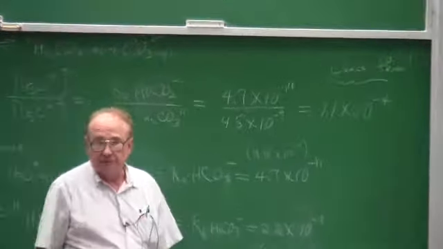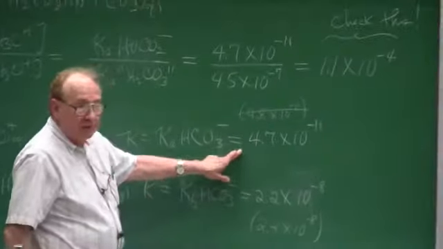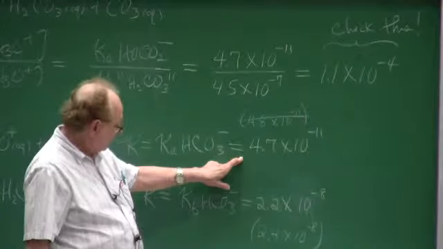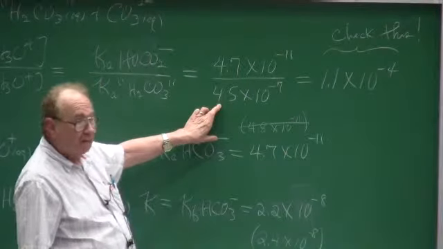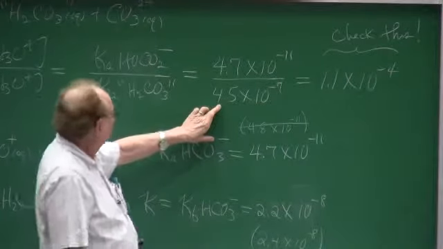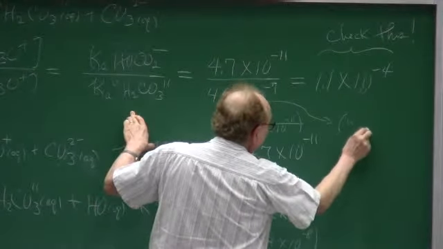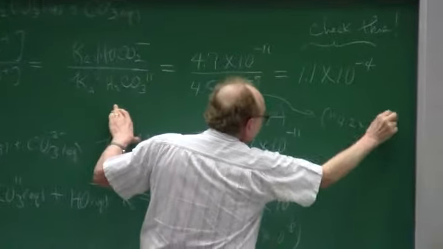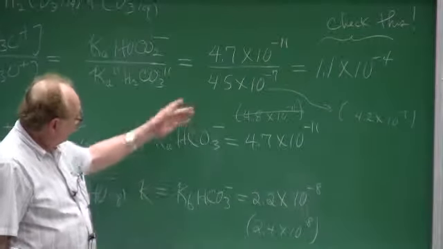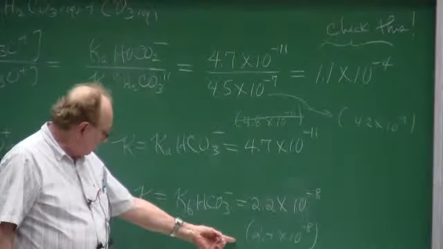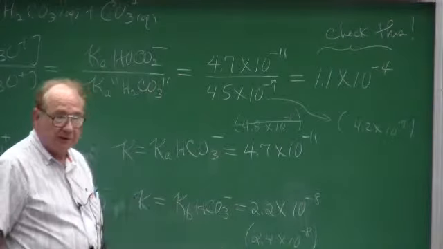But later research has allowed me to recognize that this appears to be a better, more accurate value for Ka bicarb, and this appears to be a more accurate value for Ka of H2CO3, because in the notes this is 4.2 times 10 to the minus 7. So based on 4.5 times 10 to the minus 7, I get this as Kb bicarb, as opposed to what you see in the notes.